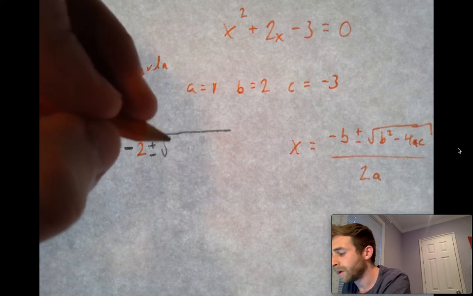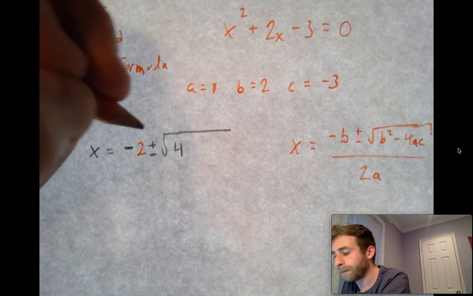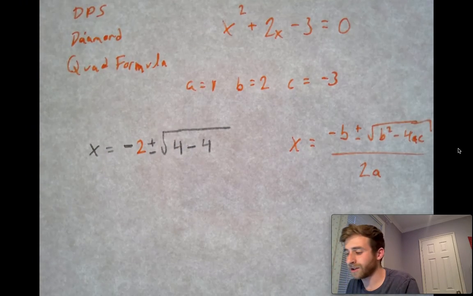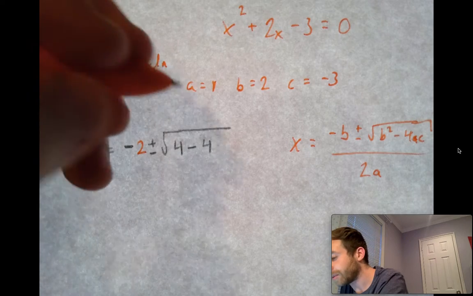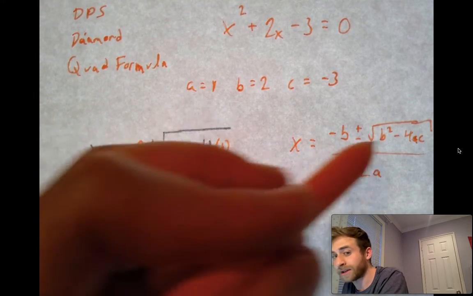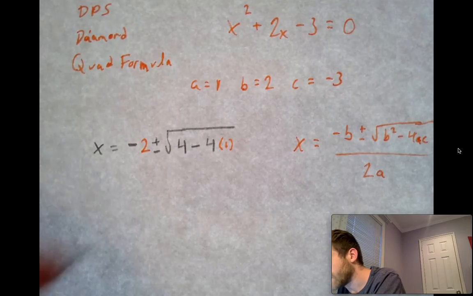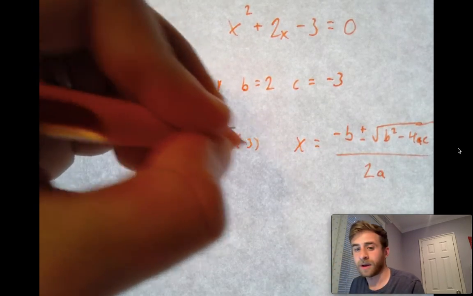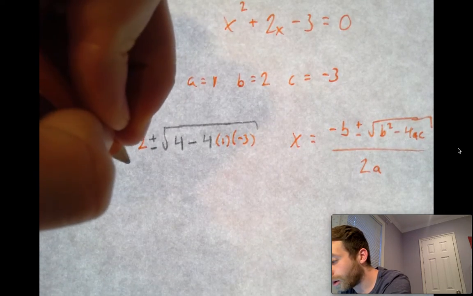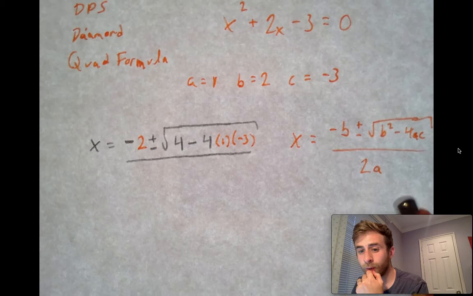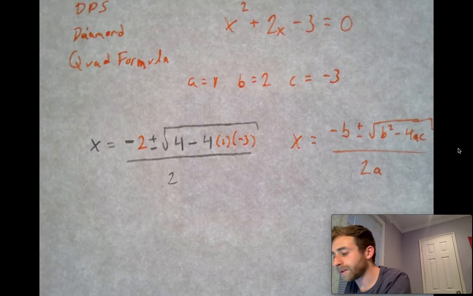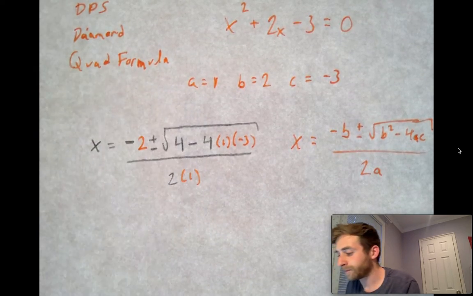So this is going to be 4 minus 4, and then ac I'm going to actually plug in. So a I'm going to put as a parentheses 1, c I'm going to put as a parentheses negative 3. Let's extend the roof over here, and then all over 2a. So it's going to be 2, and then parentheses 1.